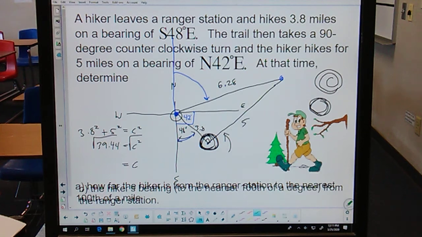This big angle right here in the triangle can be determined, I'll use green, we'll call it the green angle, by saying inverse sine of 5 over 6.28, because opposite over hypotenuse. So if I do inverse sine of 5 over 6.28, I get an angle of 52.77.